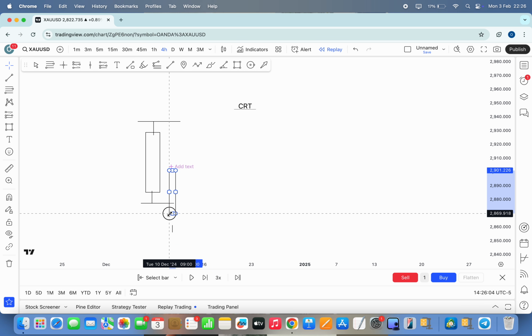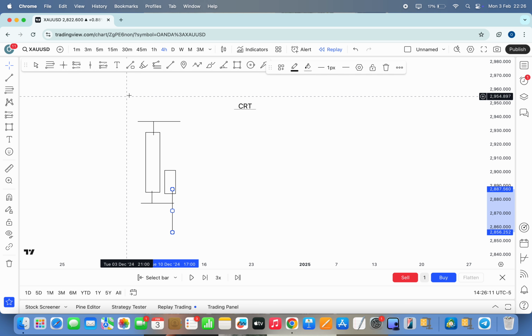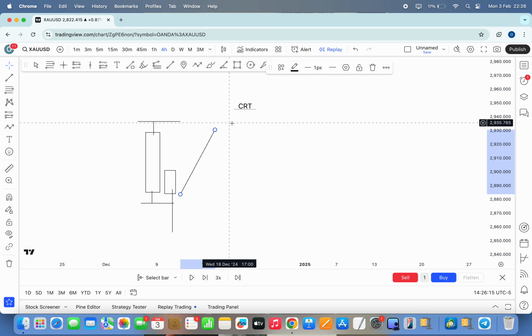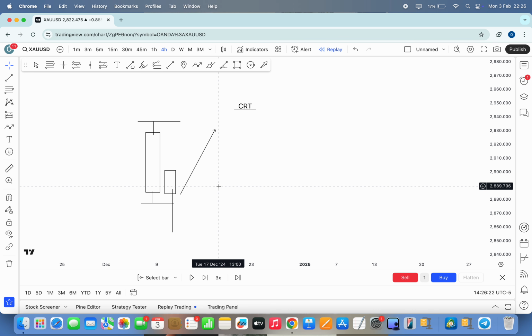But if the body closes above and leaves a huge wick down below, it shows a reversal. That's where CRT comes in, because every reversal there is going to be a turtle soup, and CRT helps us identify the turtle soup and the trend, so we can get into trades and make millions and make our families happy.